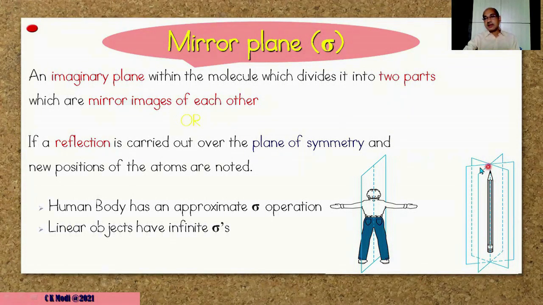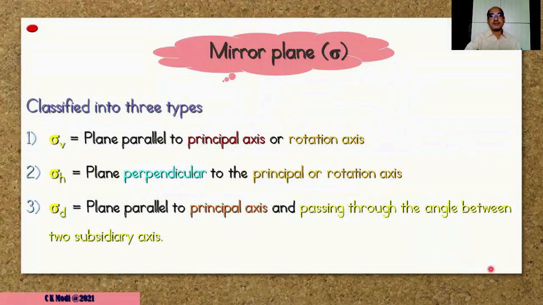We can pass a plane from here, from here, from here, and we are getting the mirror image through each mirror plane. Therefore, linear molecules have an infinite number of planes. So all of you just keep in mind that when we are talking about any linear molecule, it has an infinite number of mirror planes.